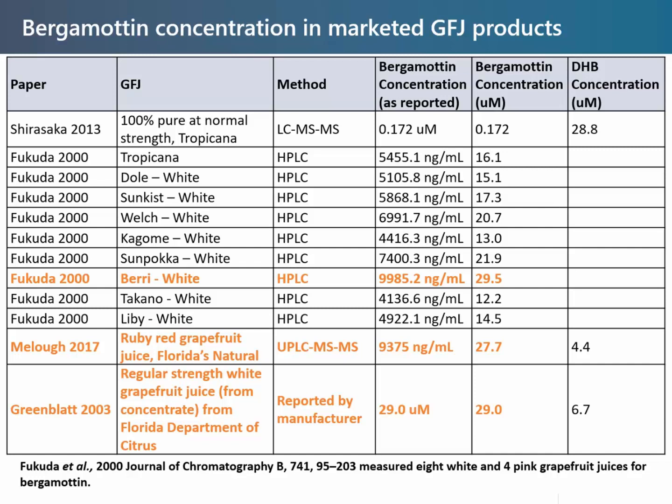And Fukuda actually measured a bunch of 8 different white grapefruit juices, and you can see that they ended up with measurements between 10 and about 30 micromole. Interesting, I found that another group, Shirasaka, measured the Tropicana grapefruit juice, which was also measured by Fukuda, and they had very different data for the bergamottin and the dihydroxybergamottin.